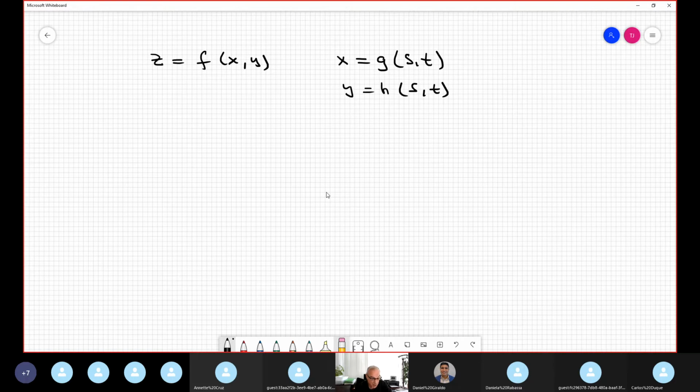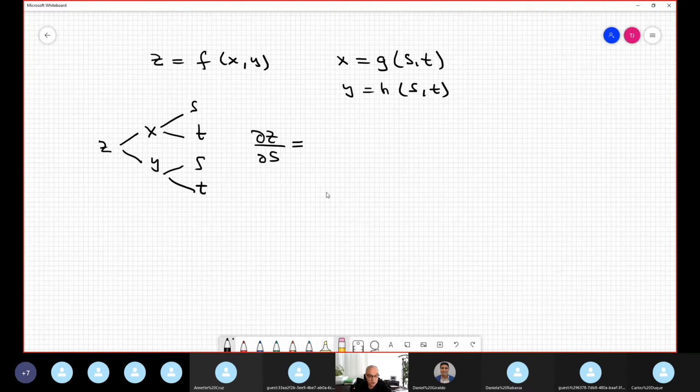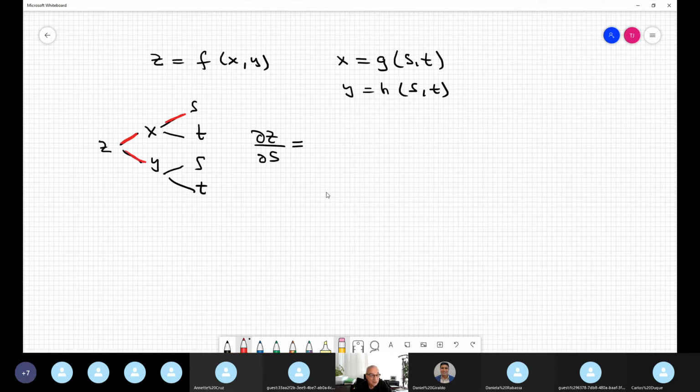So what is the tree diagram? The tree diagram: I see z depending on x and y, and those depending on s and t. So suppose I want to find the partial derivative of z with respect to s. You cover any trajectory that relates to s, this and this, and also this and this.